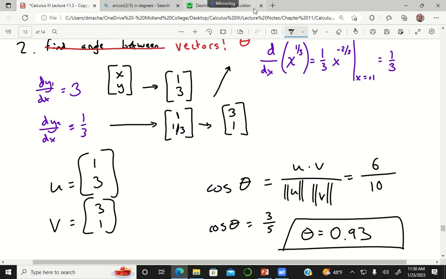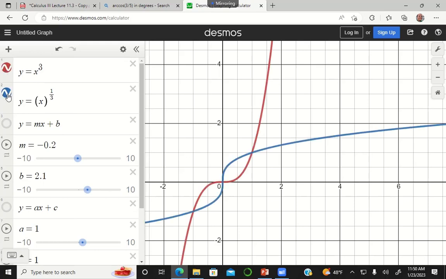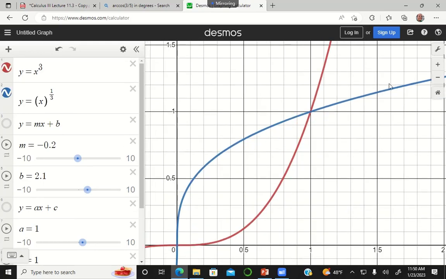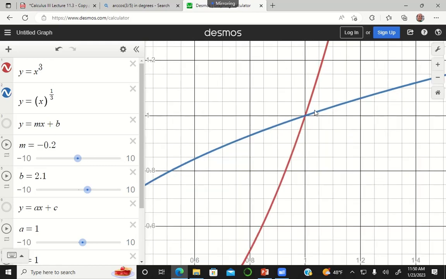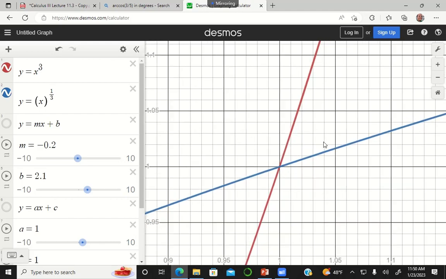And again, just to visualize it, these are my curves, x cubed and cube root x. What we're doing when I came up with those vectors 1, 3 and 3, 1 is saying, here's a good marker.